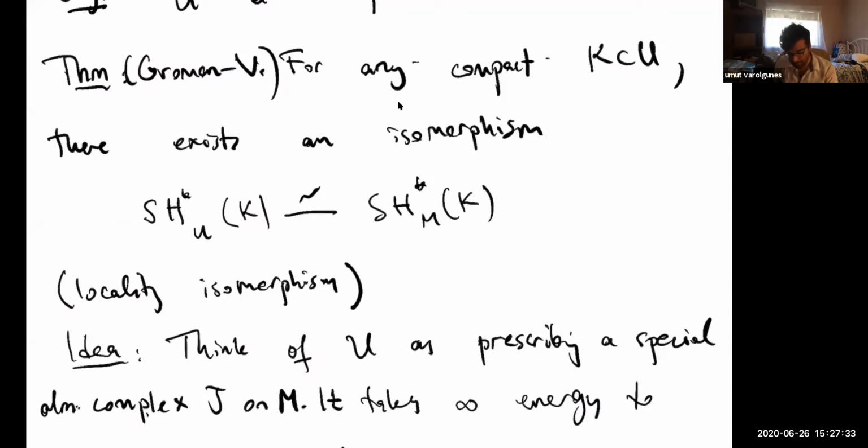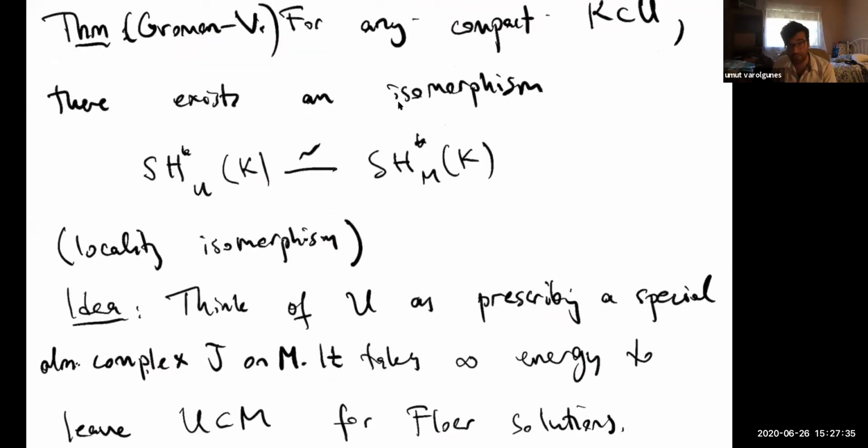So if you compute the symplectic cohomology of K inside U, there should be a canonical isomorphism with the symplectic cohomology of K inside N. What this means is, if you're interested in some compact subset that's admissible, then you find some model whose image contains that admissible subset, and then you can make the computation inside the local model.